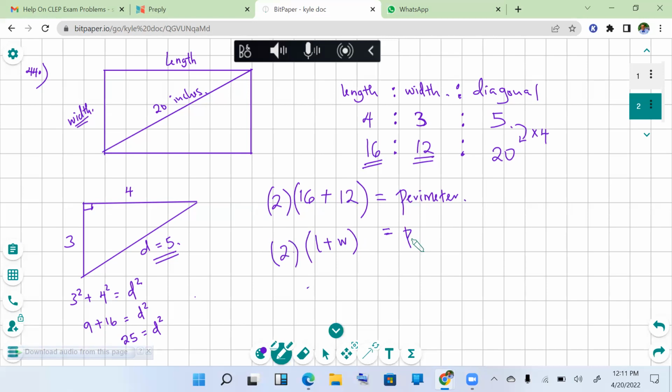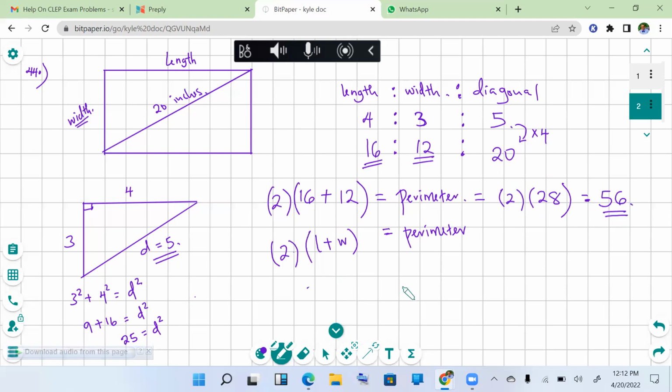That is the perimeter formula. So this is going to be 2 multiplied by, what is 16 plus 12? 16 plus 12 is 28, and so 2 times 28 is 56.